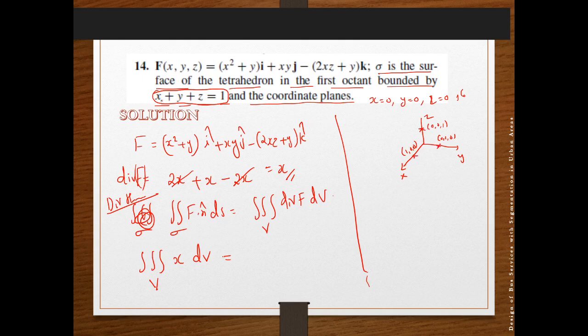When x equals 0 and y equals 0, z equals 1, and when z and y equal 0, x equals 1. So our surface is something like this.